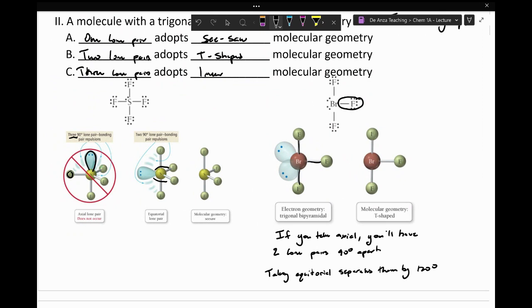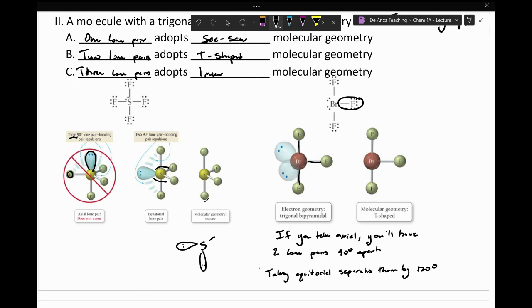So we took an equatorial position to only have two of those, and then we have two interactions that are 120 degrees apart. And the reason we put our second lone pair also in the equatorial position is that if you were to have taken an axial position, let's say you took this position right here, with sulfur here, you'd have a lone pair here, and a lone pair here, and then a fluorine, and a fluorine.